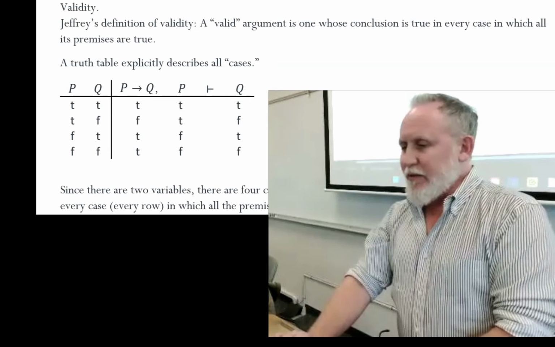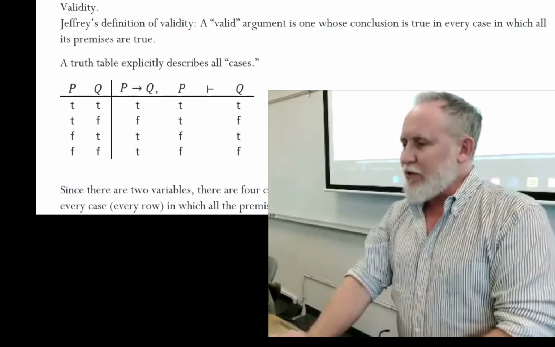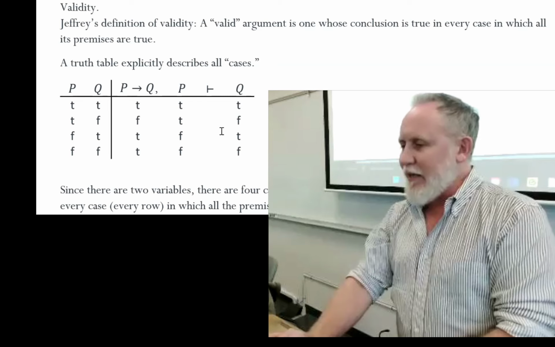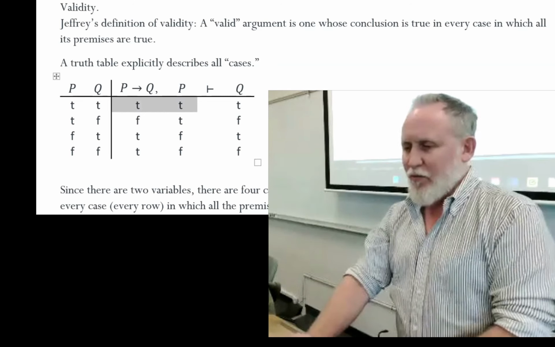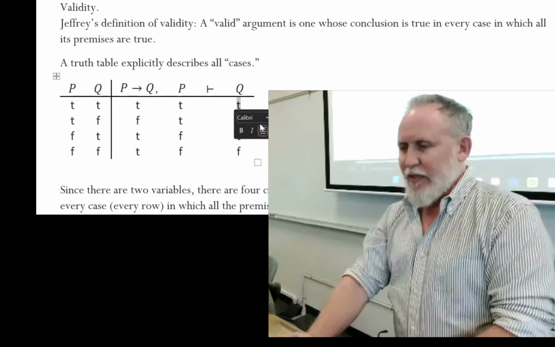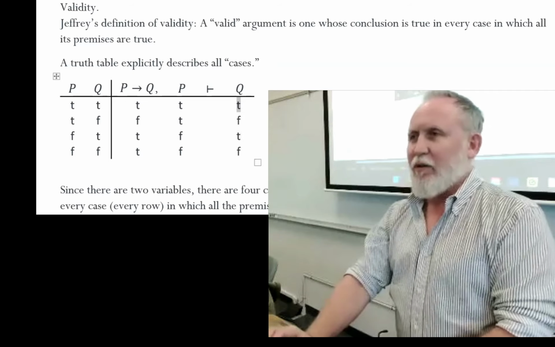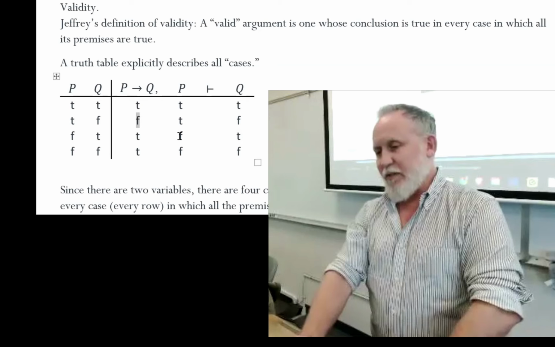And then we see, okay, a valid argument is the one whose conclusion is true in every case in which all its premises are true. Okay, so each row is a case. In the first case or first row, all of the premises are true and the conclusion is true, so that fits the definition.